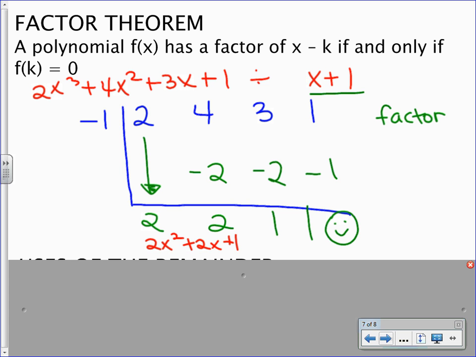So we know x plus 1 is a factor, which also means what? If we have a factor, what can we find? A 0. Wait, it's a factor of the first one? It's a factor of this. I'm really excited about it, because we can do so much of this.